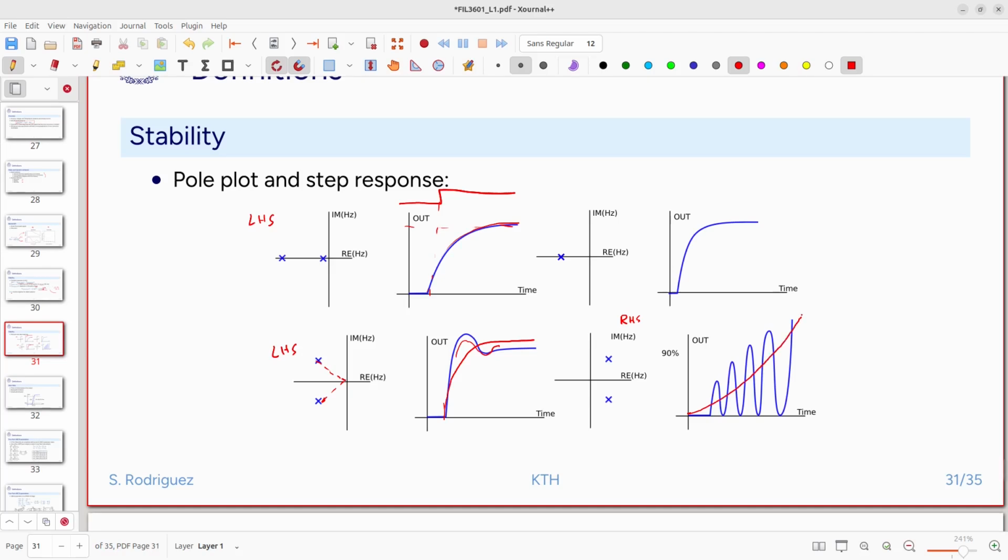So we'll do something like this, and that will be oscillating at a particular frequency. And that is an unstable system. So in conclusion, we will be using pole and zero plots to characterize the stability response of our circuits, and then we will manipulate the poles, and also zeros, in order to guarantee the stability.